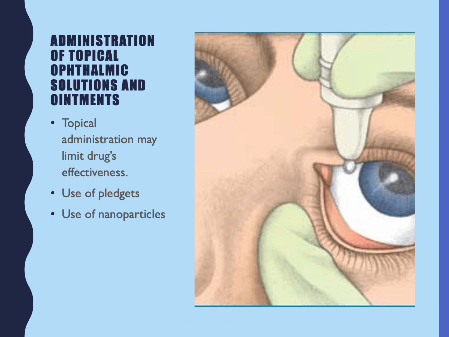Medication such as cycloplegics can also be placed in the conjunctival cul-de-sac after the eye has been anesthetized with local anesthetic drops. Now, the image on the slide illustrates the proper administration of topical ophthalmic solutions and ointments.